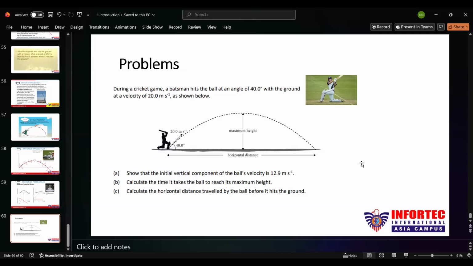The angle is 40 and the initial velocity is 20 ms^-1, right? How do we find the initial vertical component of the velocity and the time it takes the ball to reach the maximum?